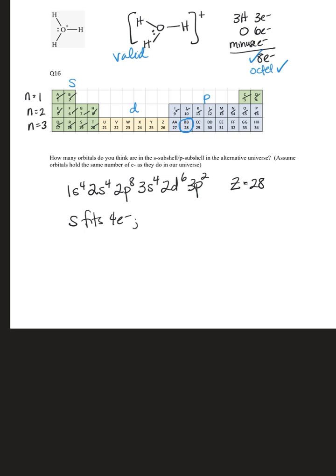So orbitals hold 2 electrons. And so if the S subshell fits 4, then we must have 2 orbitals in the S subshell. We can do the same analysis for P. P here fits 1, 2, 3, 4, 5, 6, 7, 8.